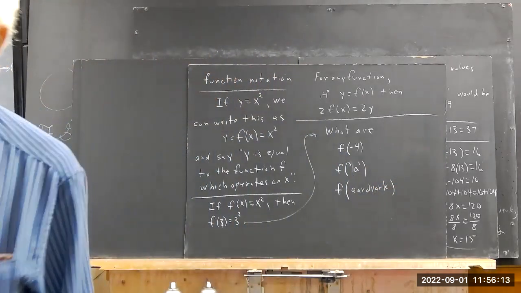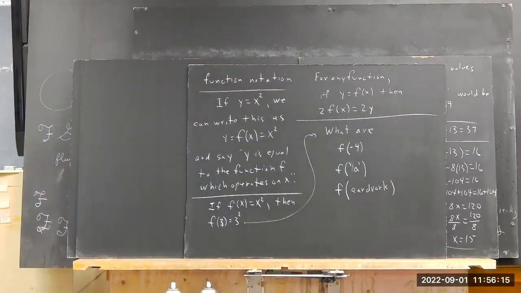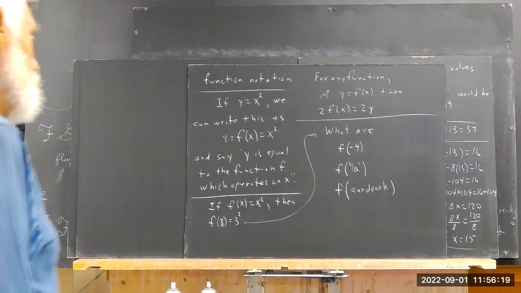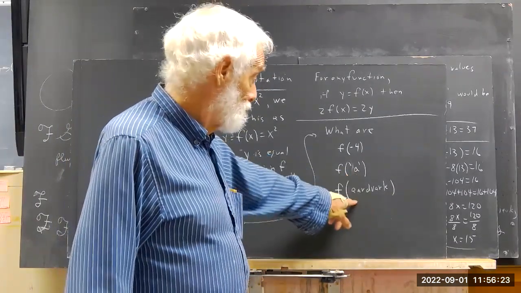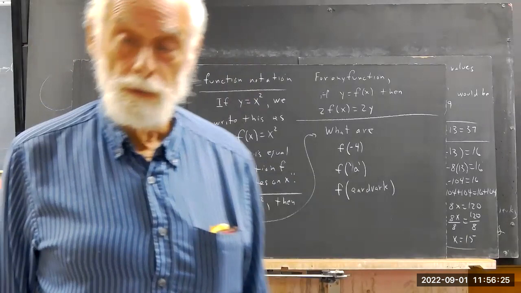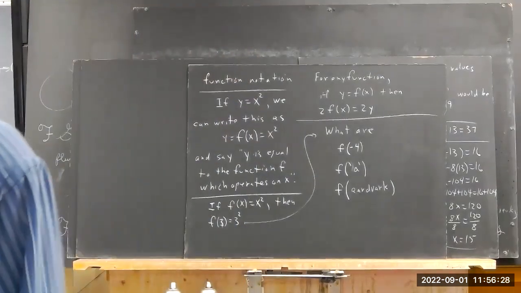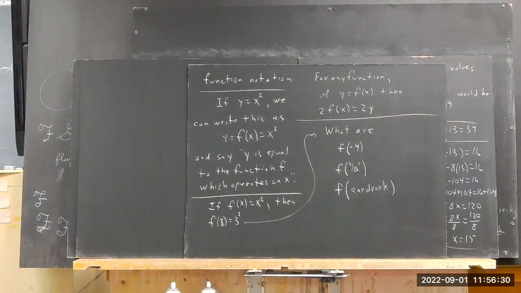See if you can write these down. First of all, write down f of -4, f of some number, and f of aardvark. You don't have to figure out what that means, you just have to follow the rule. Okay, see what you get.